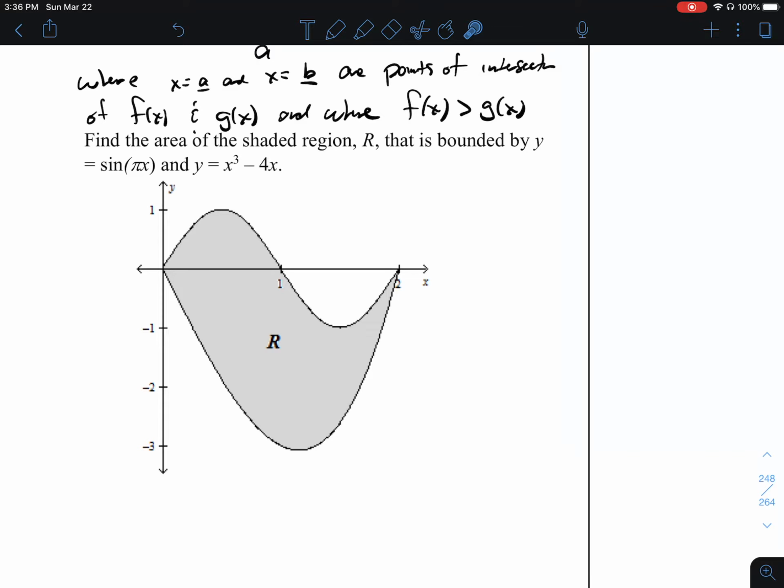Example: find the area of the shaded region R that is bounded by y equals sine of pi x and y equals x cubed minus 4x. Which curve is which? Hopefully, you recognize sine as starting out at 0 and increasing at the beginning. I know this pi is going to change some things with the curve, but this one here is sine.